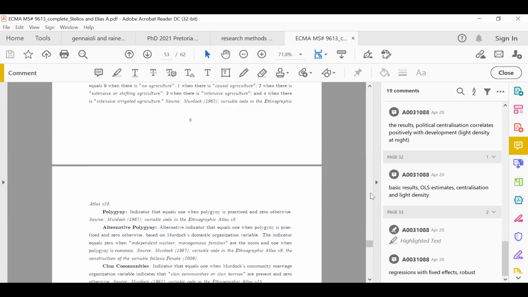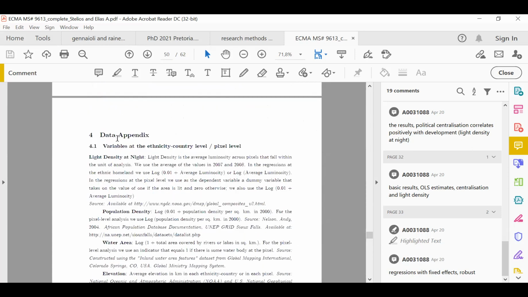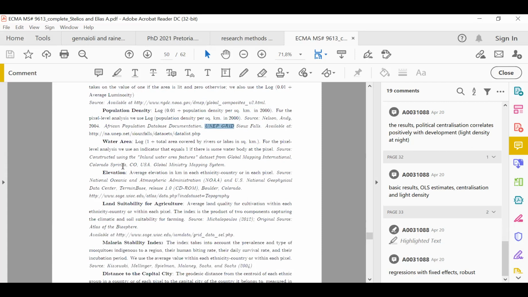And then they also explain the data in appendix 4, light density at night. They explain exactly what it is and where it is available from, right? It's available from that website there. Population density comes from the United Nations. Everything that is about populations usually comes from the United Nations.